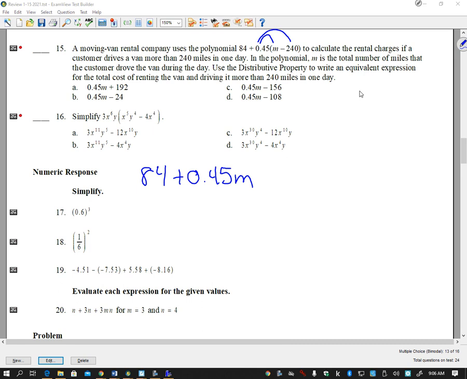Braden, can you tell me what 0.45 times negative 240 is? Negative 108. Is that correct? Does anybody back that up? Negative 108? All right, negative 108. Are we done here? No. What do I need to do?